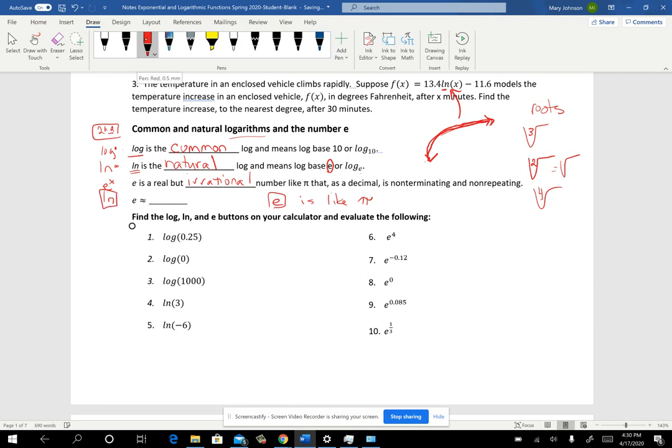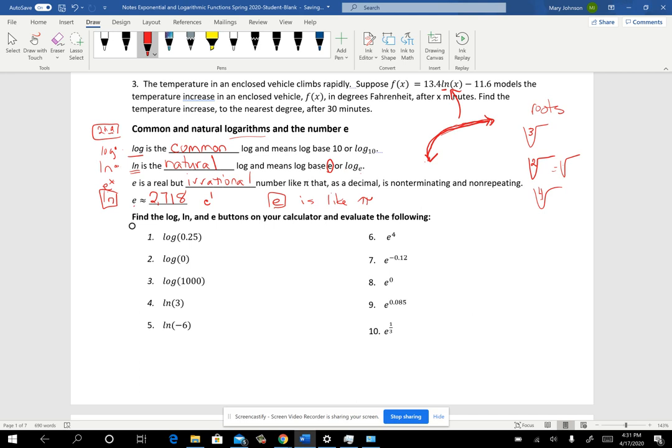That's what you can use to figure out what e is. If you type in e to the first, so second function ln, I'm just trying to show you that e is about 2.718 if I round to 3 decimal places.